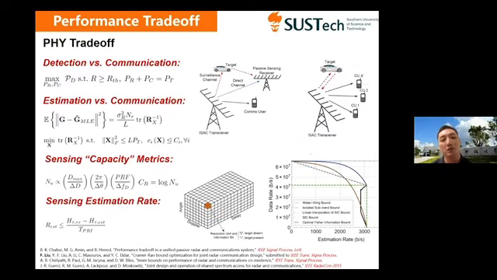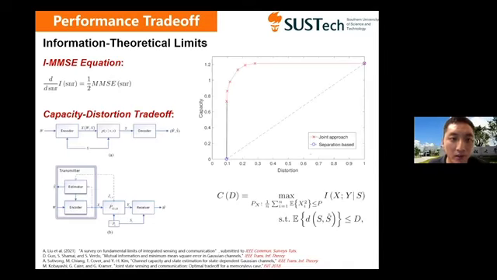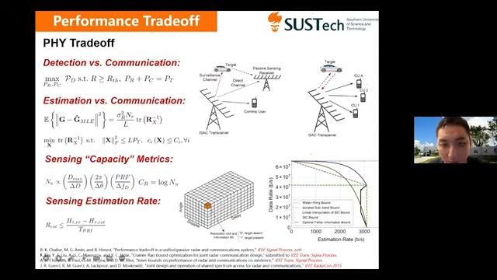We also observe some more trade-offs in the physical layer designs, where you have concrete performance metrics and concrete waveform designs, and you need to reveal the basic trade-off between the concrete performance metrics, in addition to the information theoretical performance metrics. For example, you can have detection versus communication. This is from another paper in Signal Processing Letters.